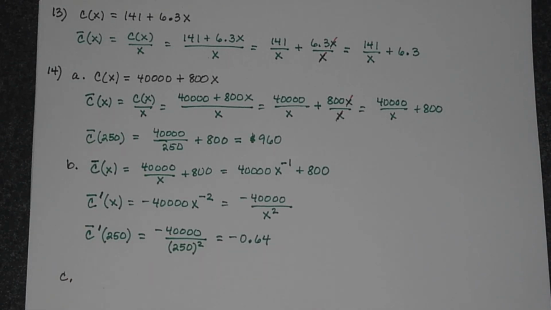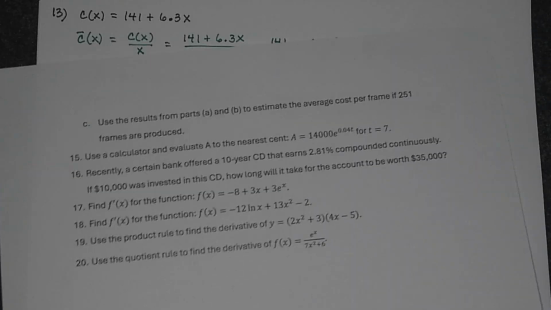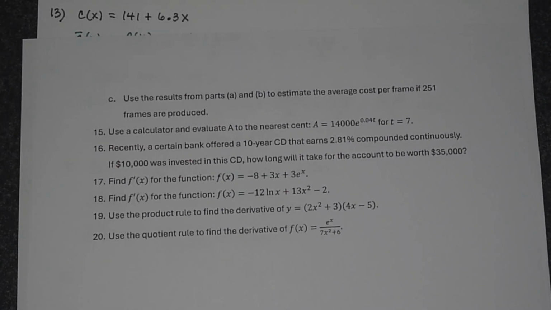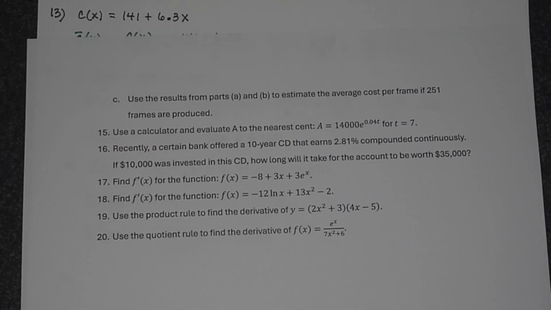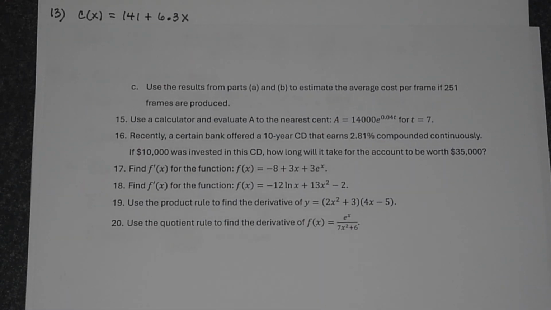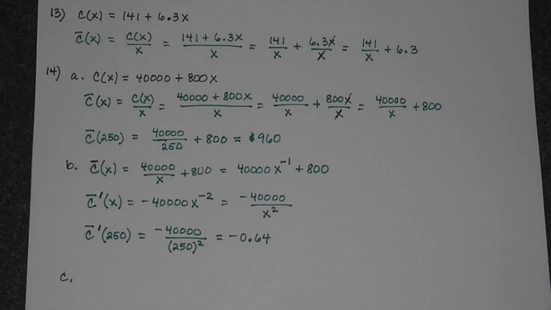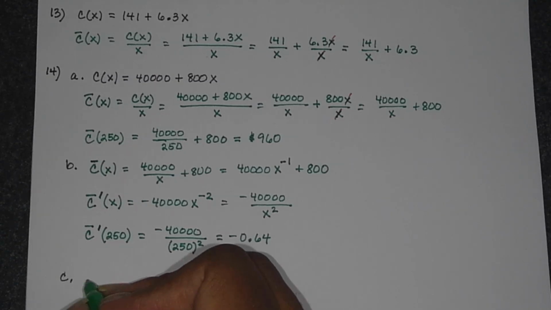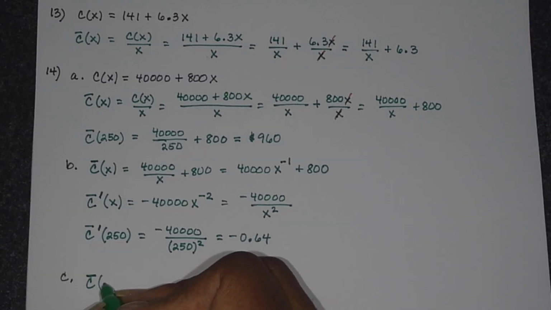Part C is continued on the next page, where you're going to use the results from parts A and B to estimate the average cost per frame if 251 frames are produced. So the average cost C bar of 251.